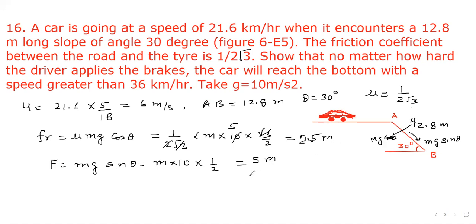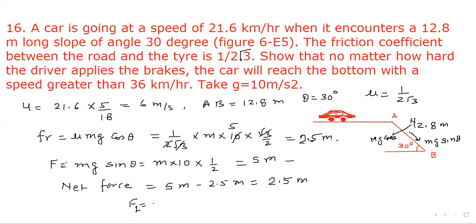So the net force in the downward direction will be this minus this. So 5m, this is not 5 meter, this is 5m, minus 2.5 m. That is 2.5 m, where m is the mass of the car, and that will get cancelled. We use F equal to ma.